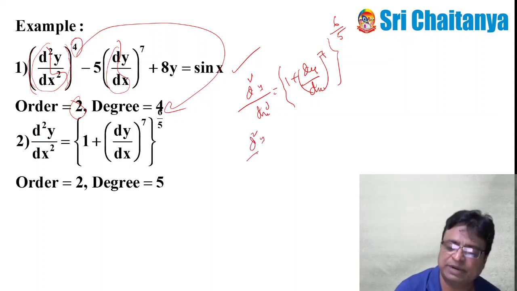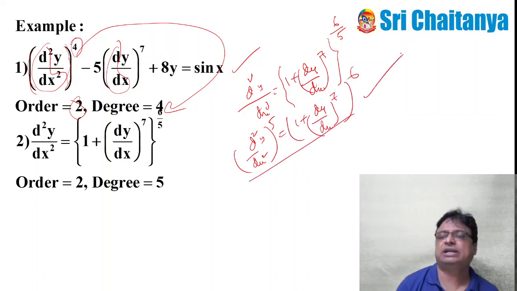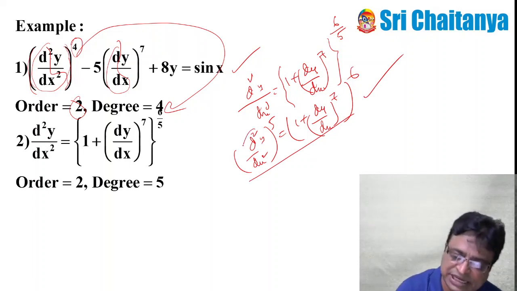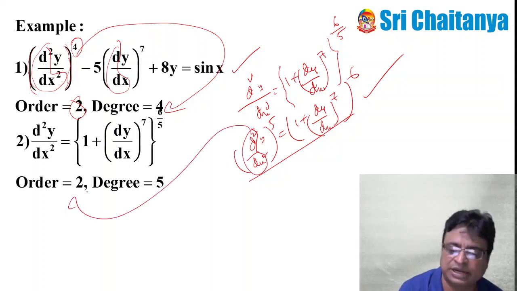So (d square y by dx square) whole power 5 equals (1 plus dy by dx whole power 7) whole power 6. If I expand this, I will get a polynomial in terms of the differential coefficients, of which d square y by dx square is the highest order one. So 2 becomes the order, and the degree of d square y by dx square is 5, so 5 becomes the degree.